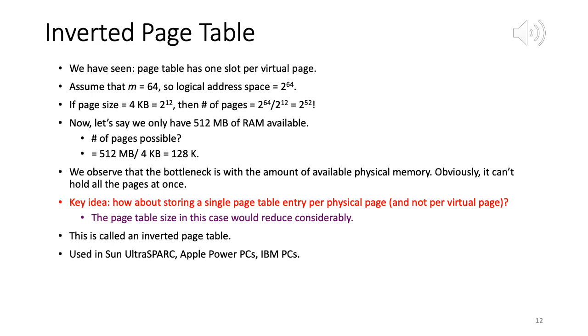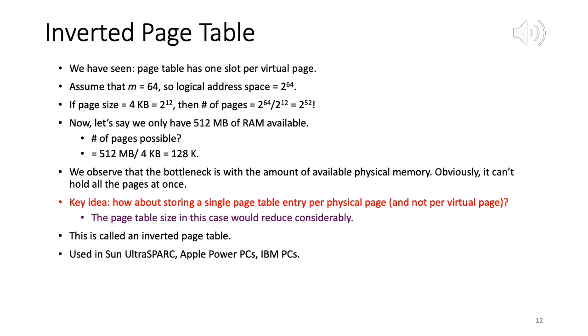Anyway, your bottleneck is physical memory. You can't provide more mappings than what physical memory allows. So how about having one slot in the page table per physical frame? Rather than having one slot per virtual page, we have one slot per physical frame.